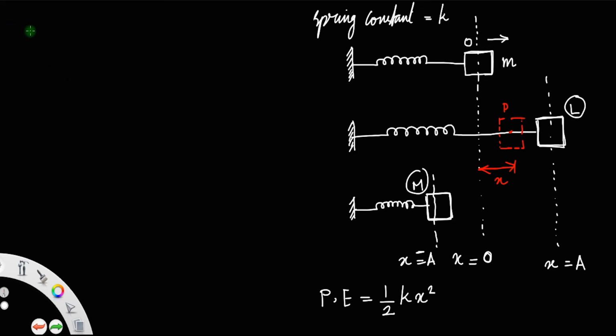Now let's take the third case, that we want to know at what point the kinetic energy is equal to the potential energy. So at what point during the motion of the mass or during the oscillation of the spring, the potential energy and kinetic energy are equal. For that, we have the expression for kinetic energy, half mv square is equal to half kx square.